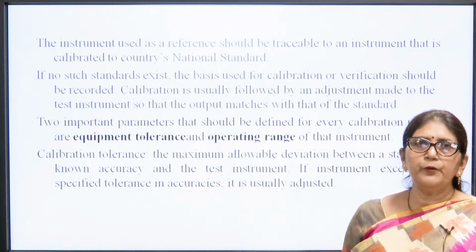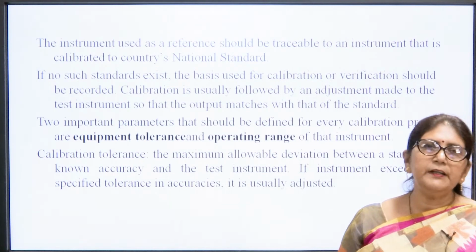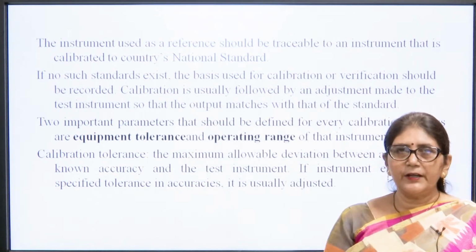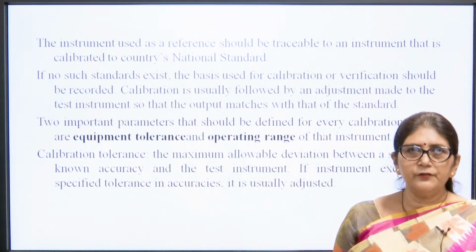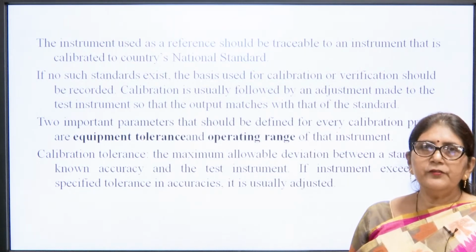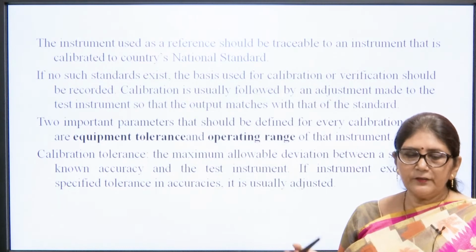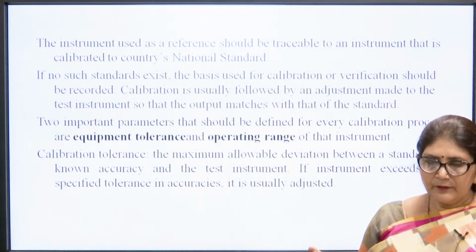So, there are two important parameters that in every calibration we have to define: one is the instrument tolerance, that is, how much error our instrument is giving, and the other is the operating range of the instrument. Calibration tolerance is the maximum allowable deviation between a standard of known accuracy and the test equipment.